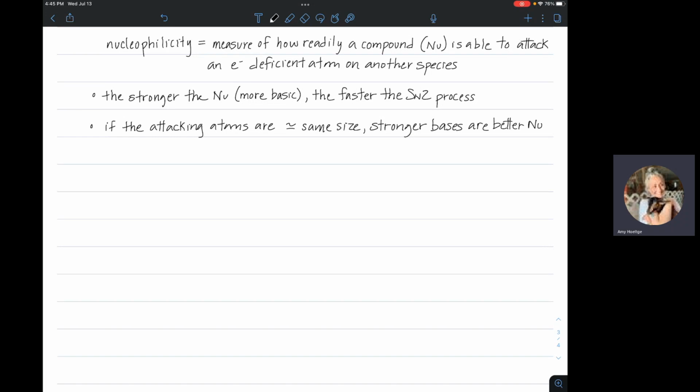So in other words, if I'm dealing with something that would be relatively close in size to some other species, the stronger the base, the better the nucleophile is going to be.